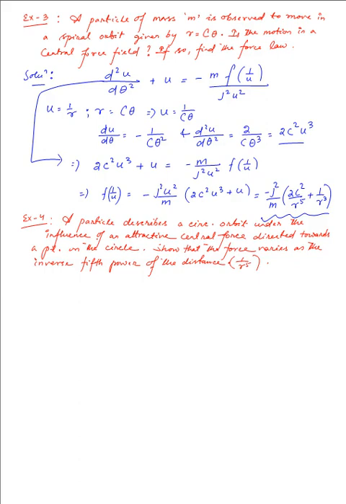Now we'll use a diagram to help us get to this. So this is the circular path that the particle is taking, and in that circular path, supposedly it has a radius a, and the particle is over here.